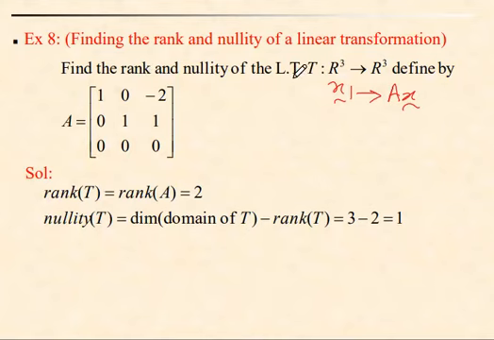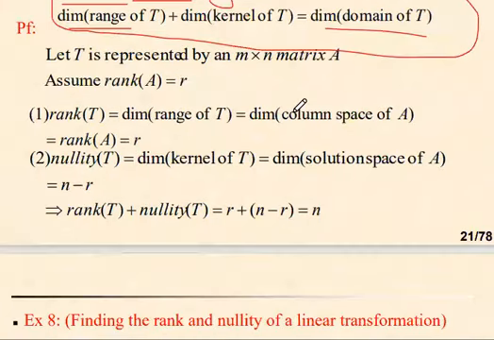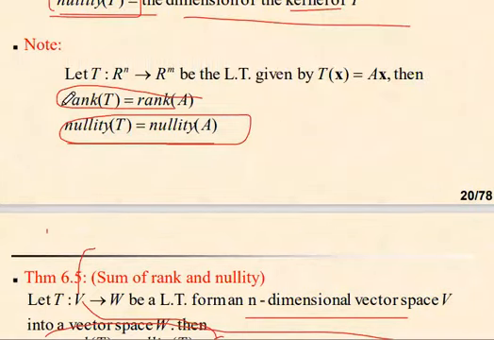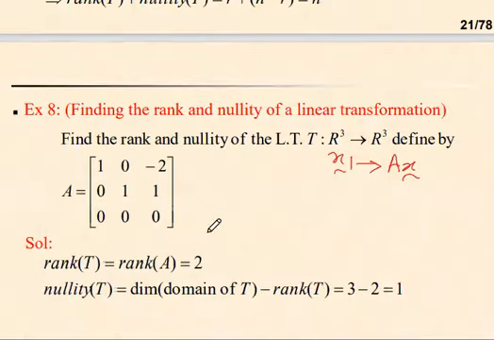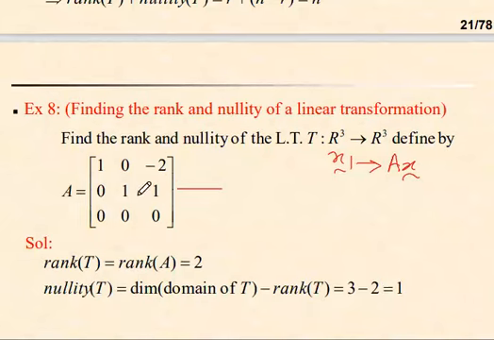Rank of T means rank of A. Rank of A means when you reduce this to echelon form, it is already in echelon form. The rank is the number of non-zero rows.